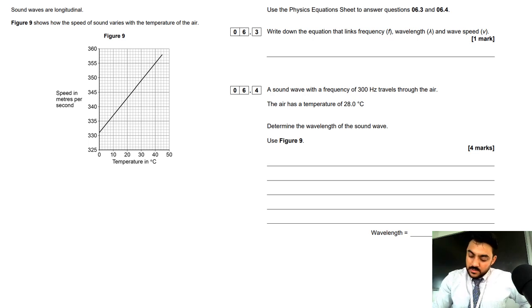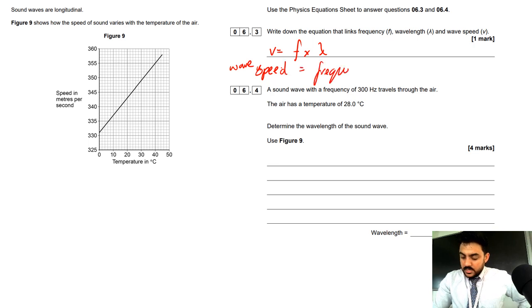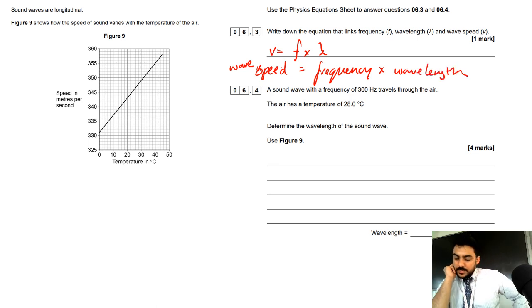That is v equals f times lambda. Lambda is that simple because wave speed is equal to frequency times by wavelength. Just as easy as that.